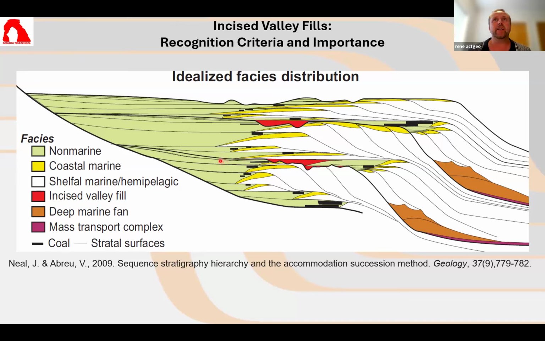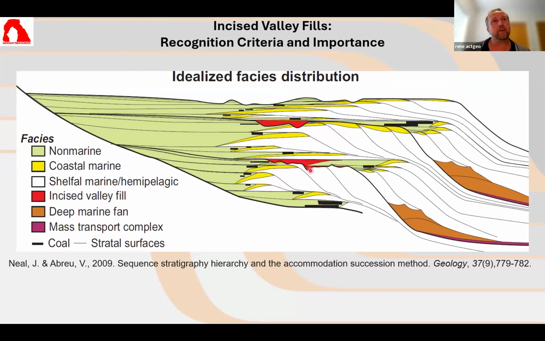What an incised valley is, is literally just that. It's fluvial systems, as shown in this cartoon from a publication that discusses the method, that are incising, so they're cutting out stratigraphy and then they're being filled with fluvial sediments. So a key recognition criterion for a sequence boundary associated with an incised valley is basal truncation and onlap on top of that.